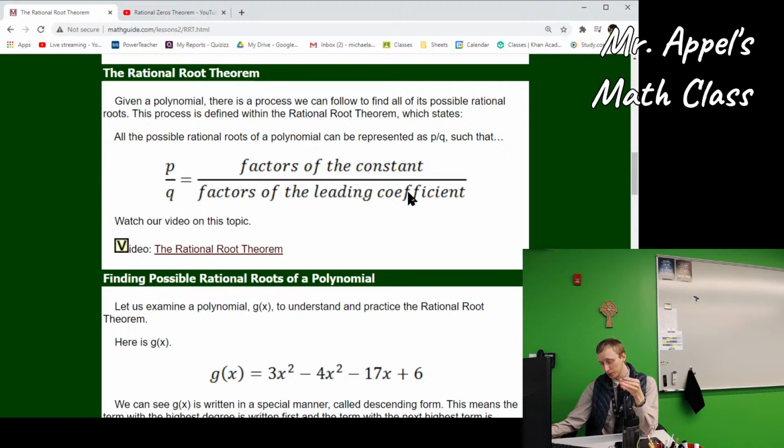So, before you can begin using this, just like Descartes' rule of signs, you must first GCF any extra variables out so that you do have an actual constant term. Okay? So this is all of the rational numbers. We're not counting 0 here. That would be factored out independently.